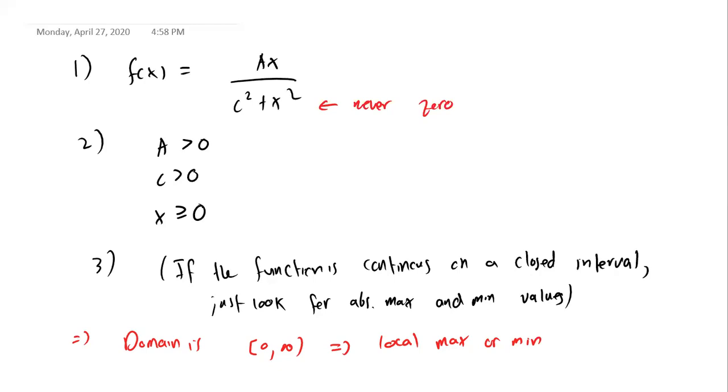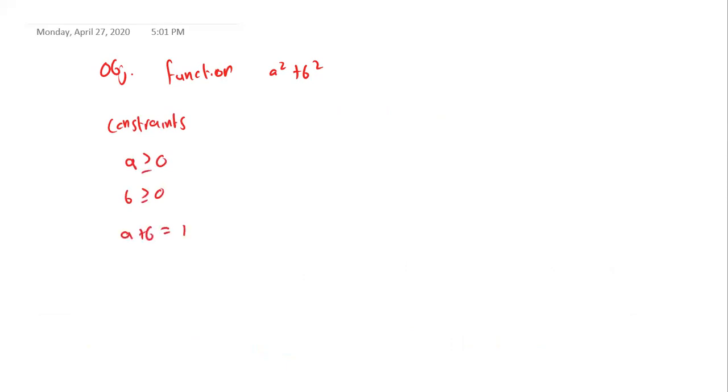Again, if you have two variables, you're going to want to use one of the constraints to eliminate one of the variables. An example of that was, and again, I did this example in a video, your objective function was a squared plus b squared. And then one of the constraints, so just one, not all of them, I think the constraints were a is greater than or equal to 0, and you have another constraint, a plus b equals like 13.